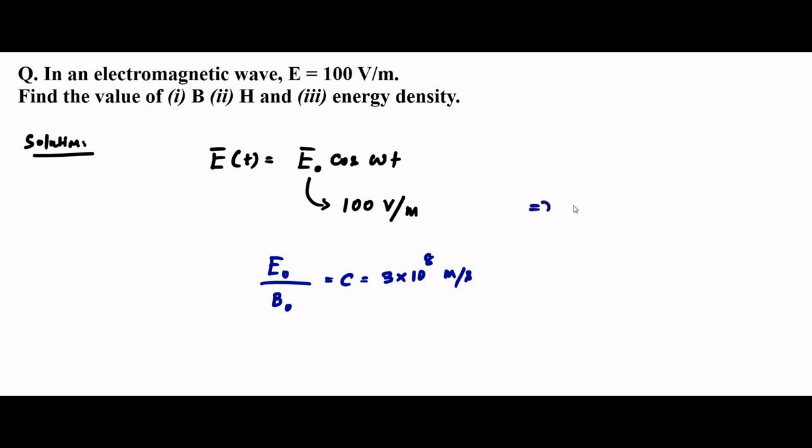So that implies B0 is equal to E0 by C, which is equal to 100 by 3 into 10 to the power 8. That is equal to how much? It is coming around 3.33 into 10 to the power minus 7 Tesla. Okay, that is the magnetic flux density.